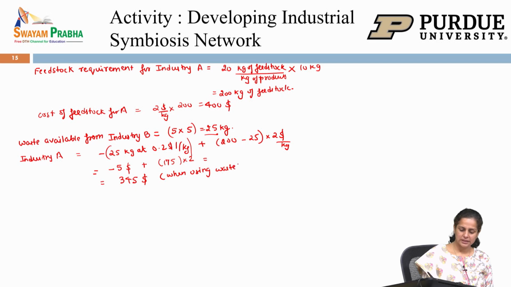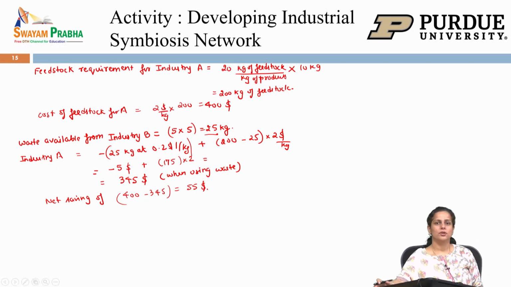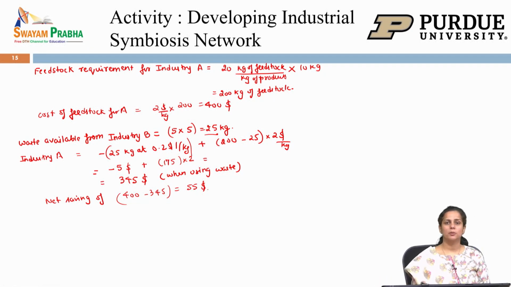So, you can see that for industry A, you have a net saving of 400 minus 345, which is equal to $55 of net saving.